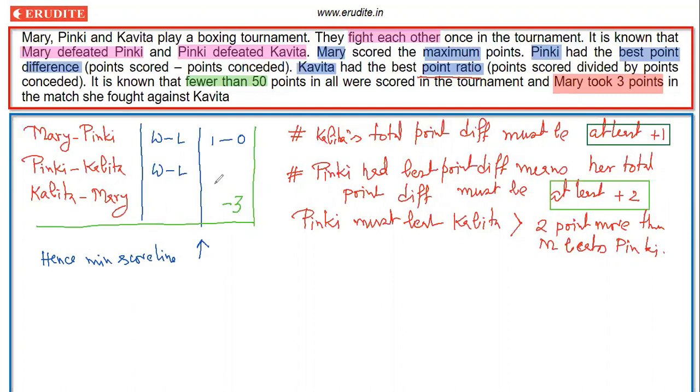Pinky Kavita, this should be 3-0. And Kavita Mary, we can write it down as 4-0, but that is the minimum if I am not considering that information of 3.